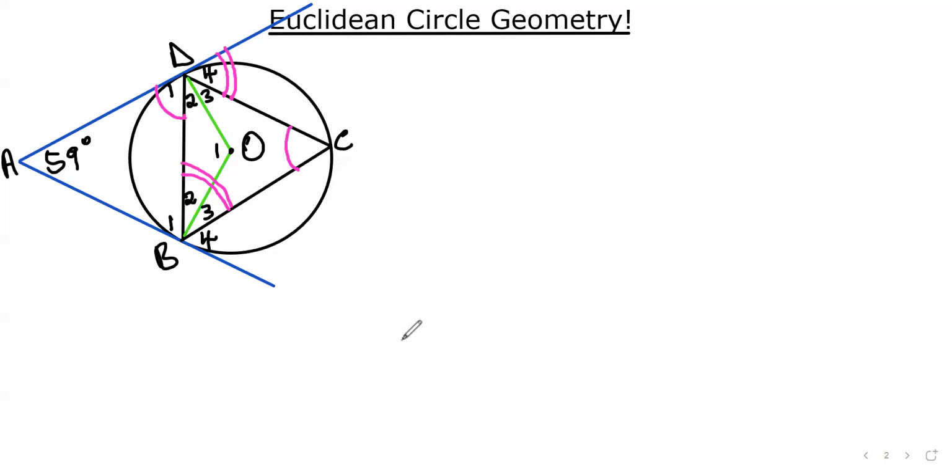Okay. Now we shift our attention. We go to the tangent AB. The angle between a tangent to the circle and a chord is equal to the angle in the alternate segment.